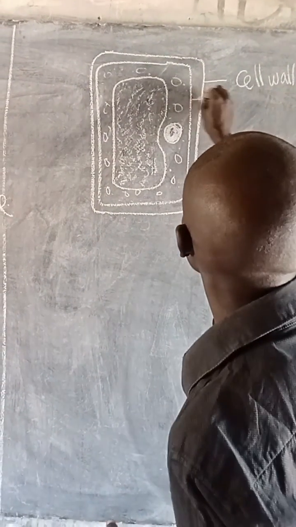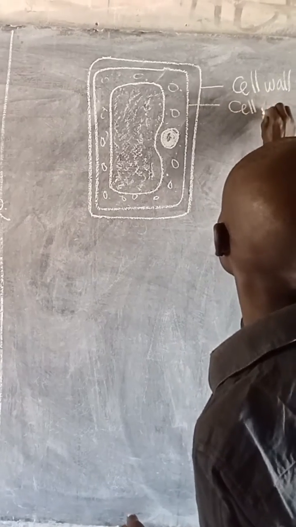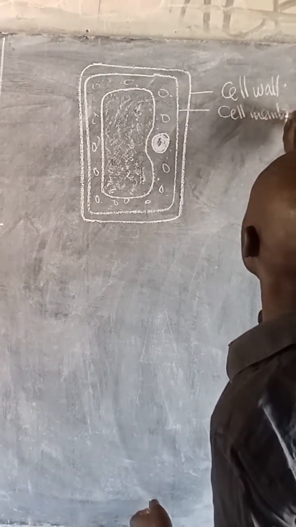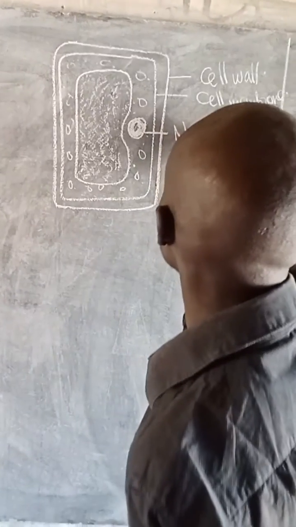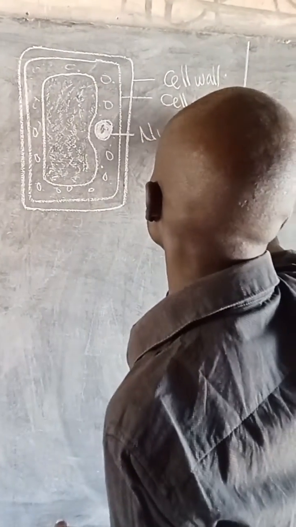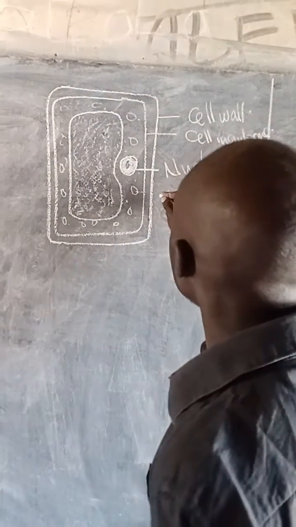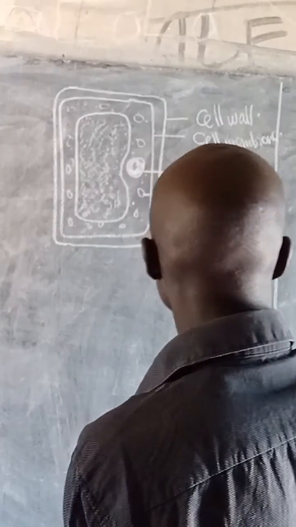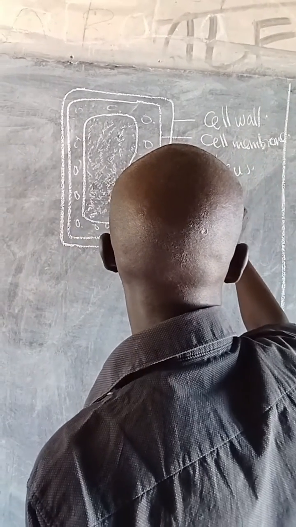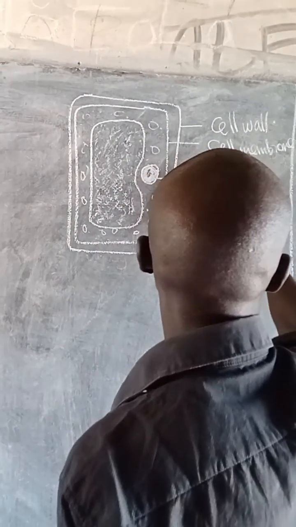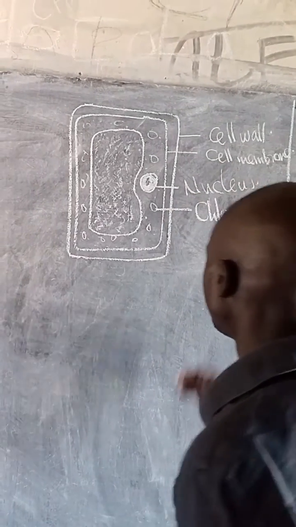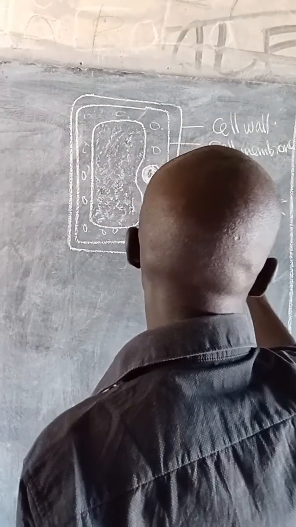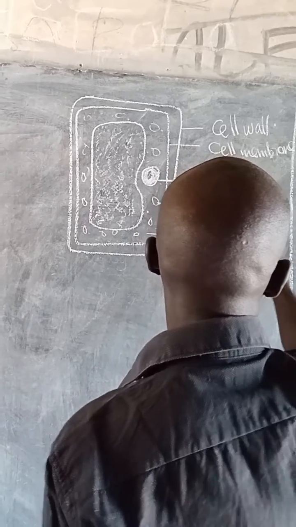Then you will also be able to see the cell membrane. Then we can also see the nucleus of the cell. Then we can also see the chloroplast, the organelle that produces the green pigment of the plant, known as chlorophyll. Then we can see the cytoplasm of the cell.